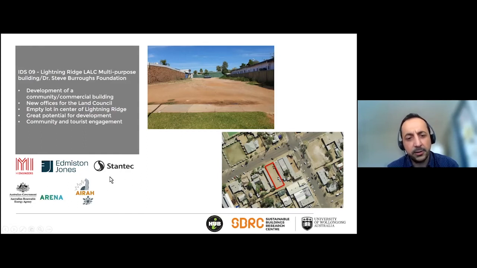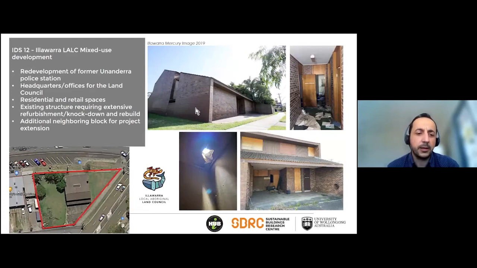Several players, again consultants, were involved in this. The second building came from the Illawarra Local Aboriginal Land Council. Again, a mixed-use development building with an empty site on the side that the council wants to take advantage of, probably to find ways to generate some additional cash flow.